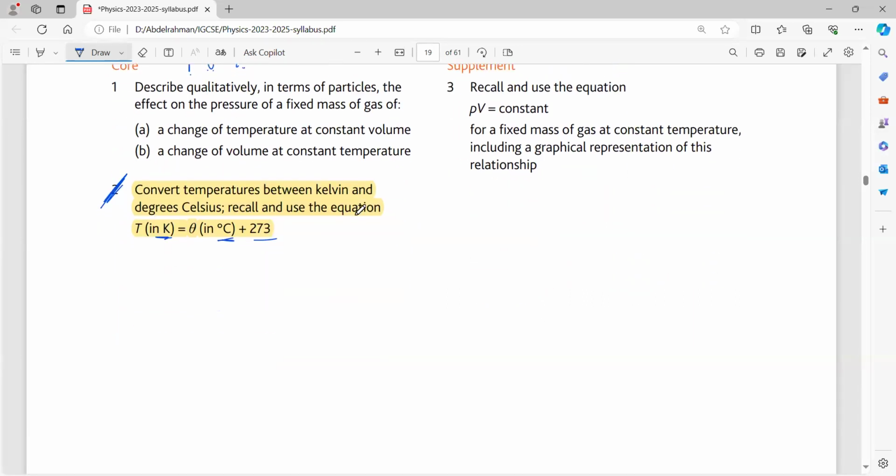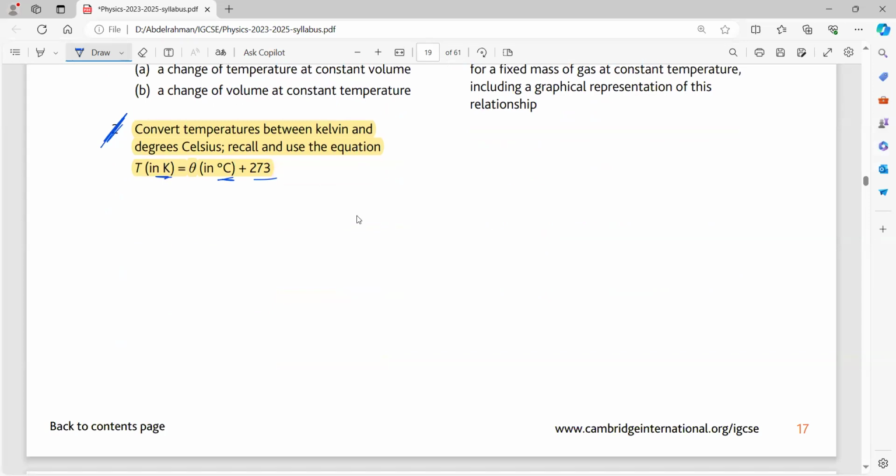I can write it down very quickly right now. If I had a constant pressure, what happened as temperature increased? The volume increased, because this was constant pressure. For example, you have a balloon.